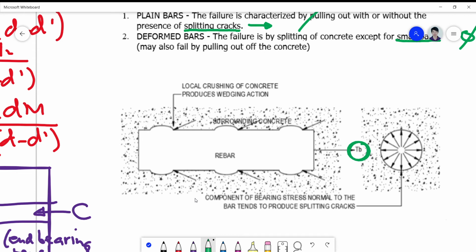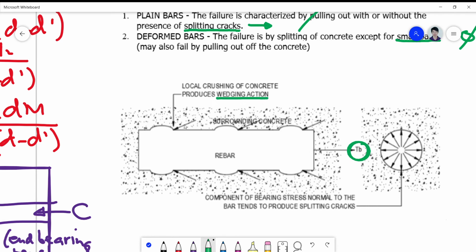Mechanically, physically, the particles will abut and prevent this bar from moving to the right because it will produce what you call a wedging action.